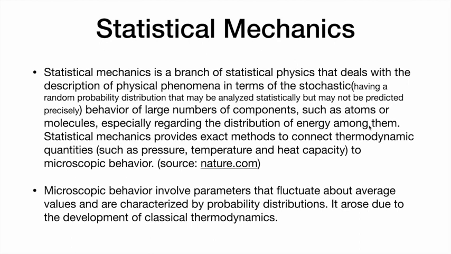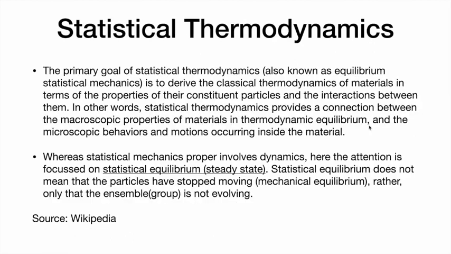They designed this statistical mechanics field. Just like the previous slide, statistical thermodynamics differs from statistical mechanics in that it aims to derive classical thermodynamics of materials in terms of the properties of their constituent particles and interactions between them.